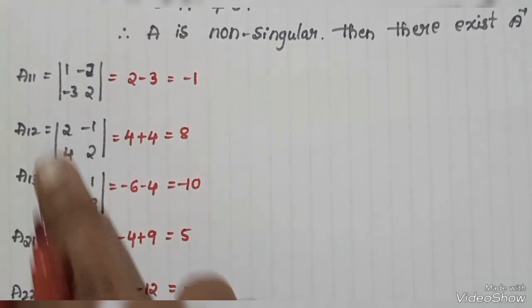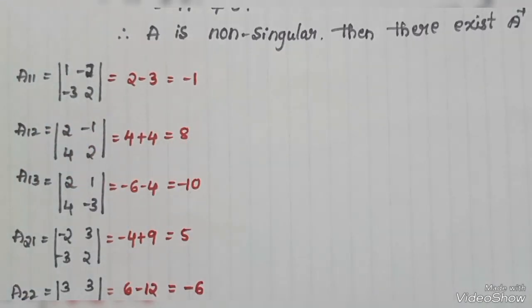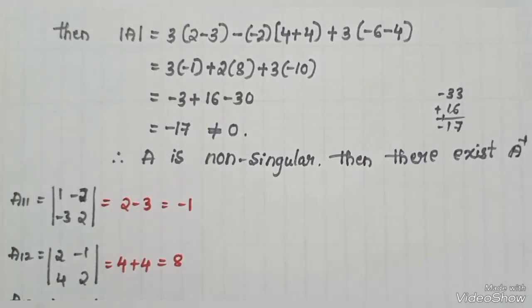Okay, these are the values we have calculated. After that, we have to make the place values, because now we have calculated only minors, but we want the adjoint.